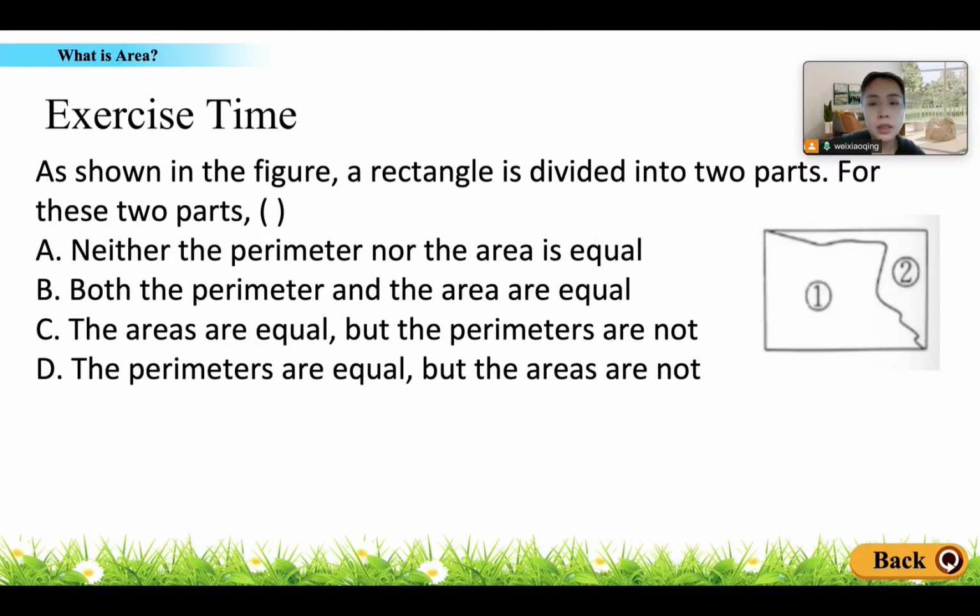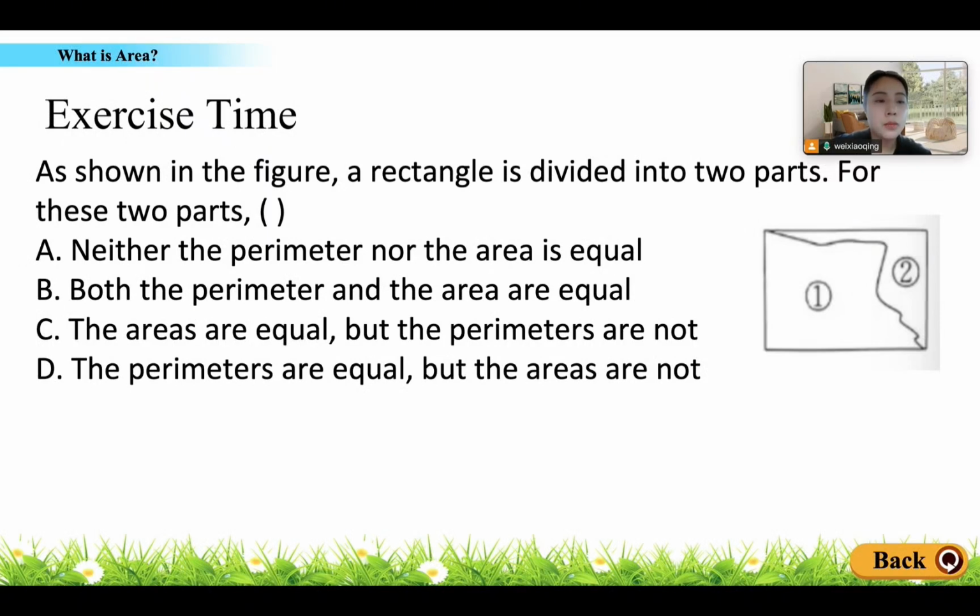Option A, neither the perimeter nor the area is equal. Option B, both the perimeter and the area are equal. Option C, the areas are equal but the perimeters are not equal. D, the perimeters are equal but the areas are not equal.